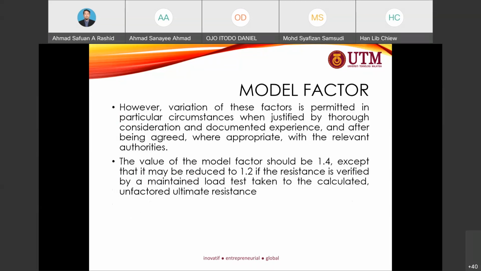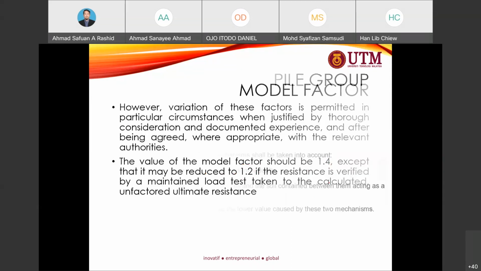For example, without any verification from the maintained load test, we use 1.4. This is based on experience calculation. But when we carry out the maintained load test, then we divide by 1.2. This means that the confidence level has increased or the model factor has been reduced.